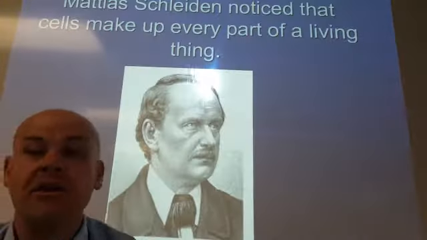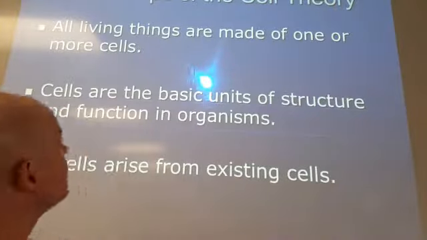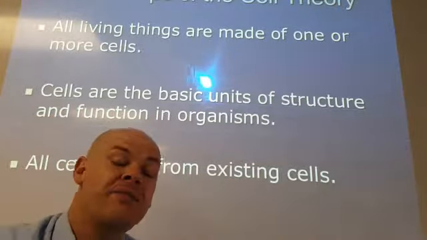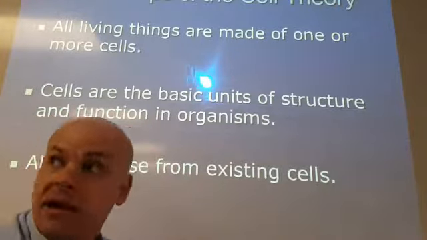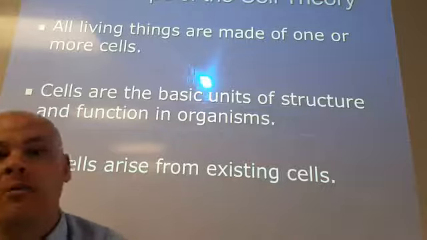The cell theory says these three things. All living things are made of one or more cells. So if you're alive, you're made of cells, period. Even bacteria, at least one cell. Next, cells are the basic unit of structure and function for all organisms.